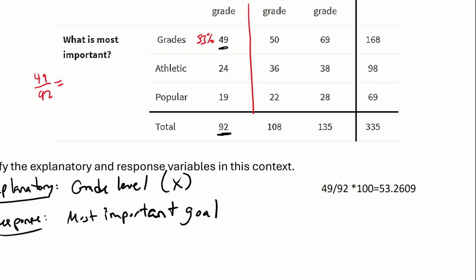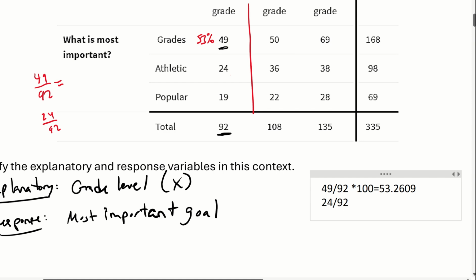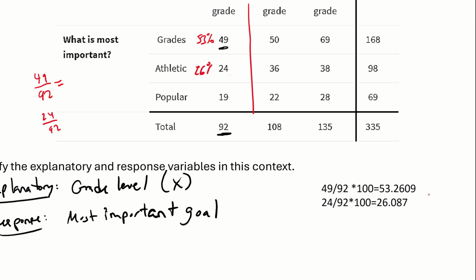Okay, and then this one's 24 out of 92. So that's 26%. Okay, and the last one, 19 out of 92. That's 21%. All right, and then we have to do the same thing for fifth grade.